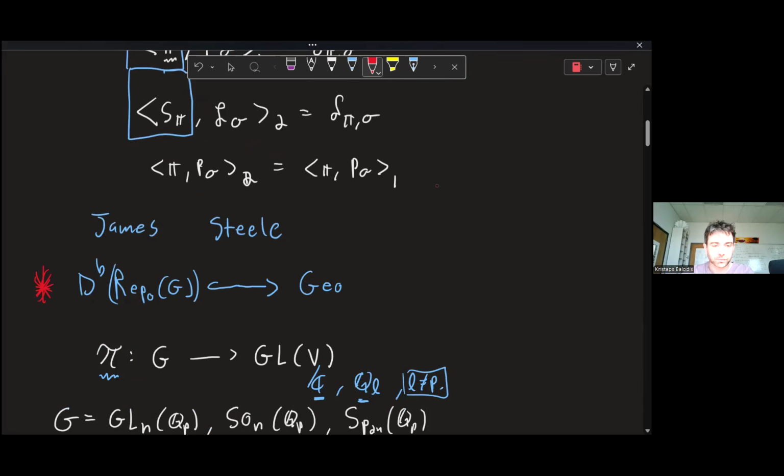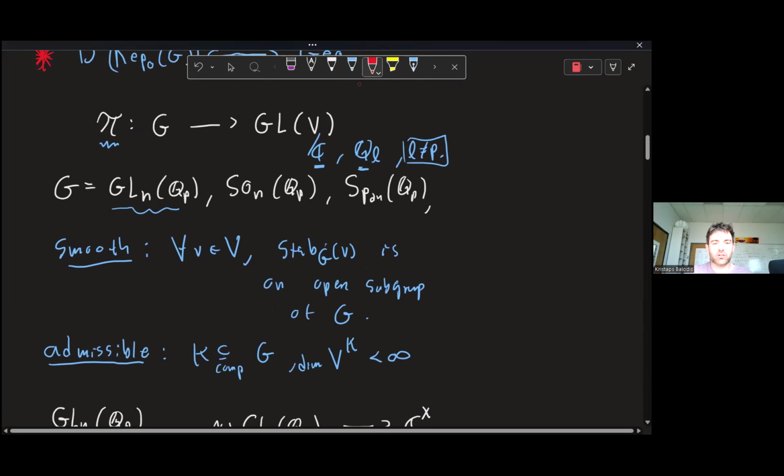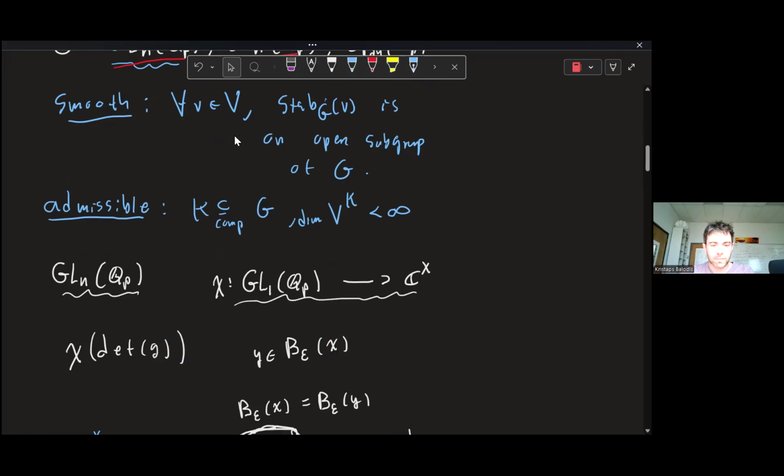Generally, I'm interested in studying representations of p-adic groups, things like matrix groups valued in the p-adic numbers: GLN, SON, SP2N, all the classics, and then there are some other weirdos out there as well. And we're interested in studying representations plus some topological properties, because these are topological groups after all.